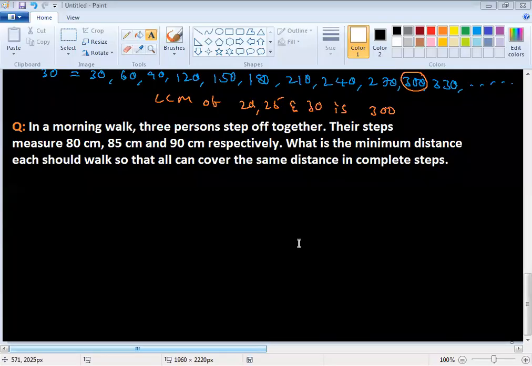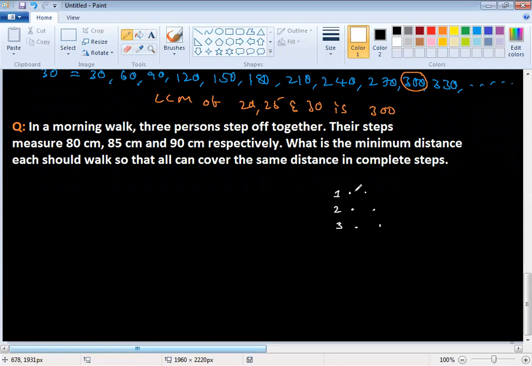The question is, in a morning walk, three persons step off together. They went for walking. When they are walking, if they start from here onwards, they will walk like this. This is the first step for the first person, the first step for the second person, and the first step for the third person.